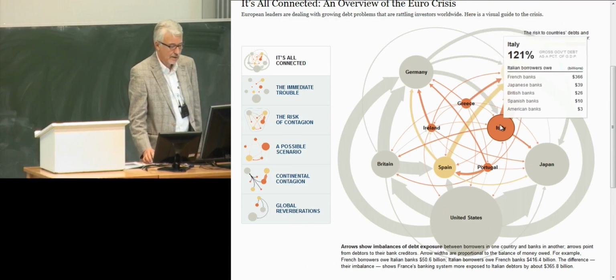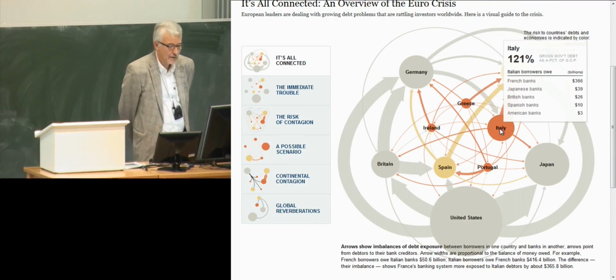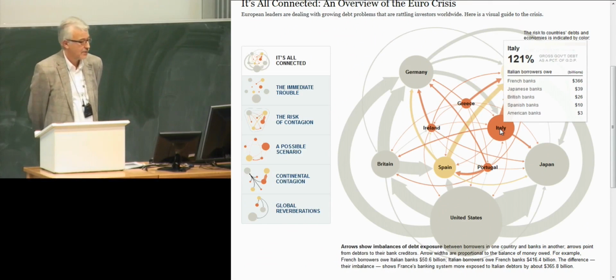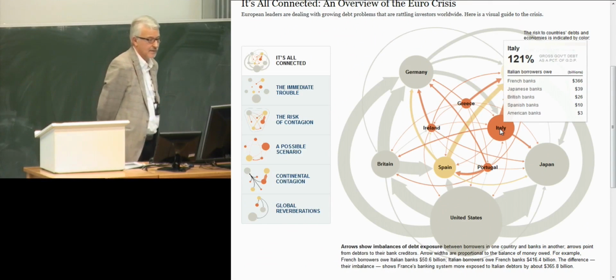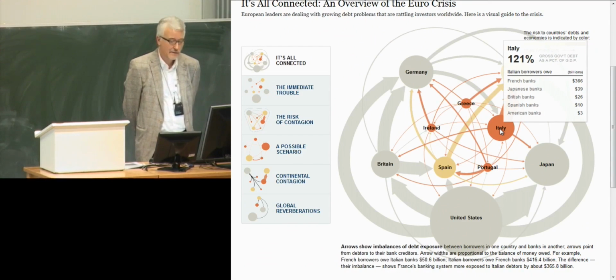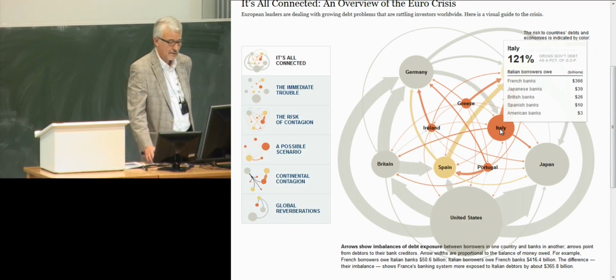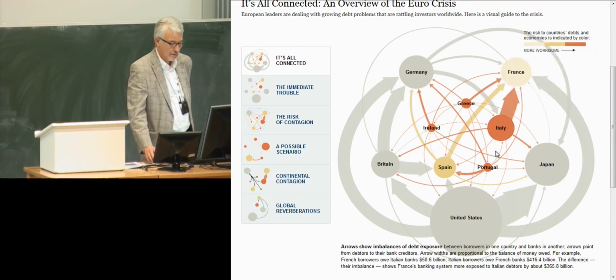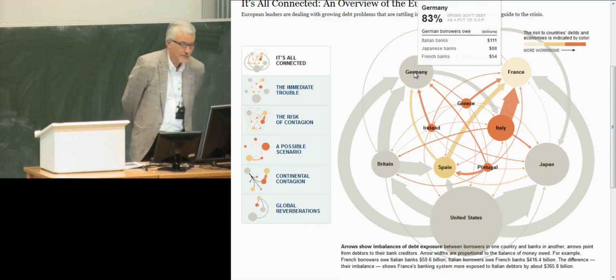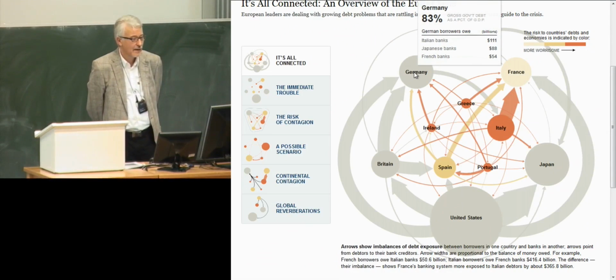Now look at Italy, 121% of its GDP, this is the amount of debt, owes French banks $366 billion. We can go through here. Germany, for instance, owes $111 billion.